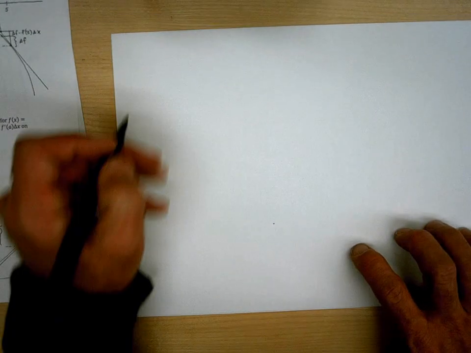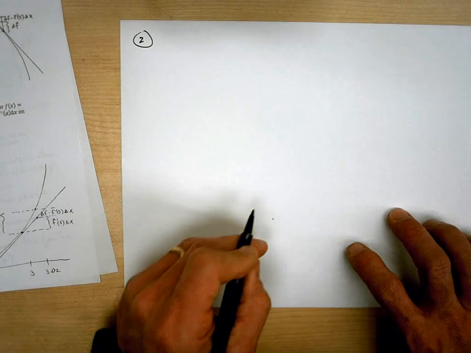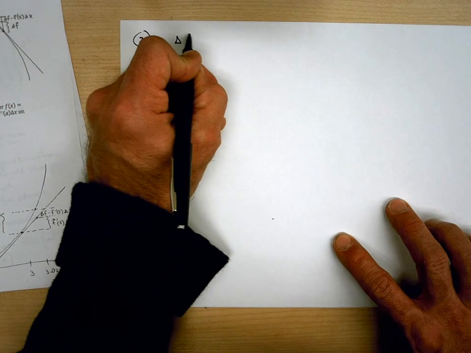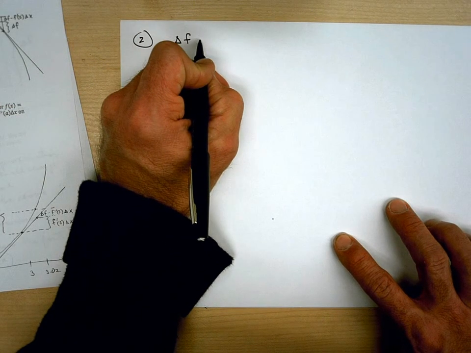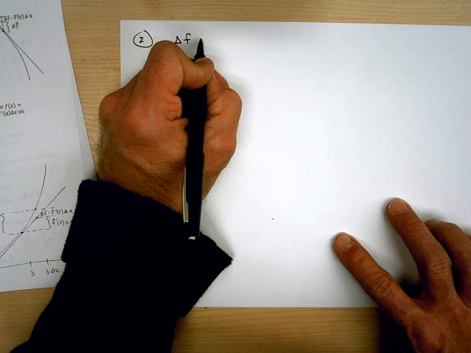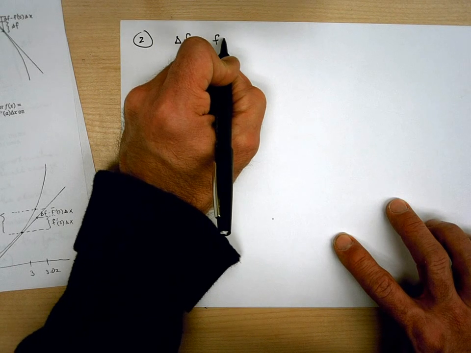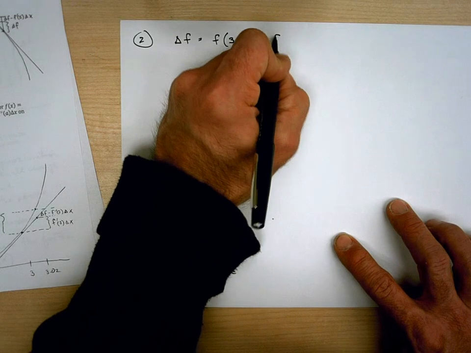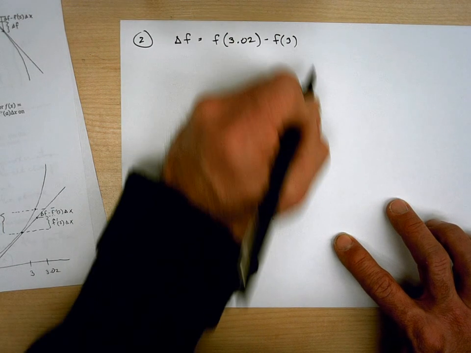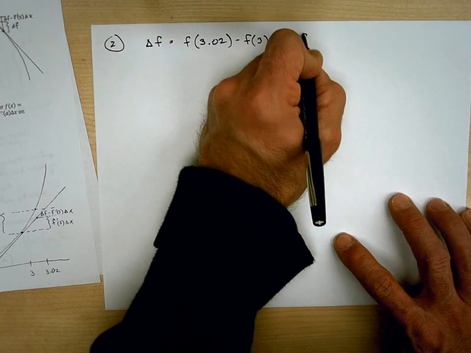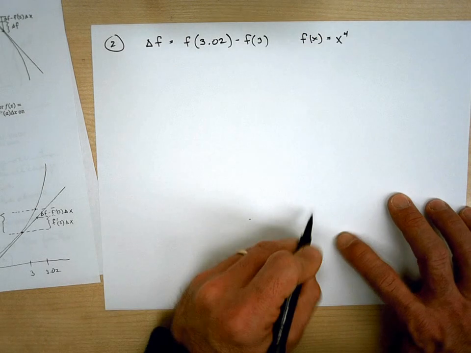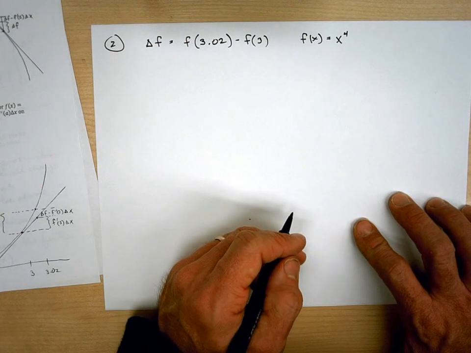I just want to do one more example. In this one, call it number 2, we're asked to approximate delta f, so delta f being f of 3.02 minus f of 3. We are told that f of x is x to the 4th. So here we have to read in here, right?